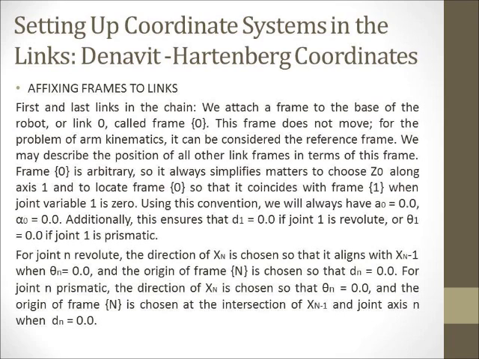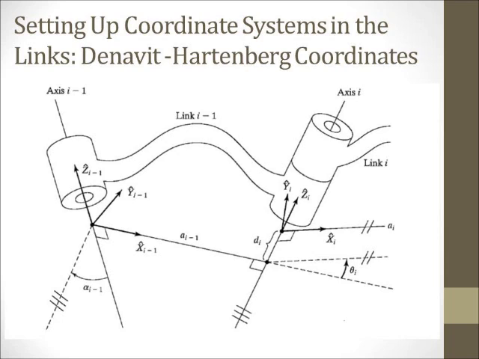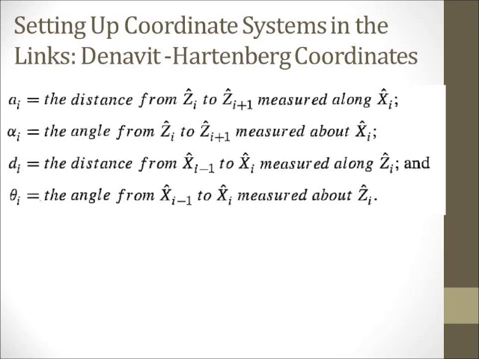For joint n revolute, the direction of xn is chosen so that it aligns with xn minus 1 when theta n equals 0, and the origin of frame n is chosen so that dn equals 0. For joint n prismatic, the direction of xn is chosen so that theta n equals 0, and the origin of frame n is chosen at the intersection of xn minus 1 and joint axis n when dn equals 0.